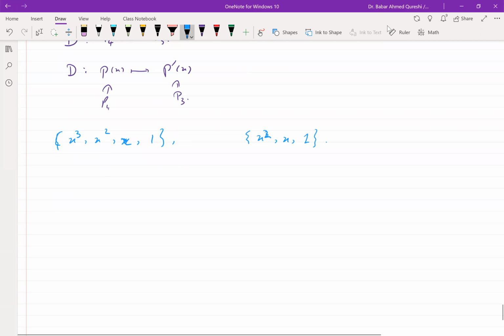Now I know that given any polynomial in P4, I can collect these coefficients. This is the expansion in the basis, and I write them as this.